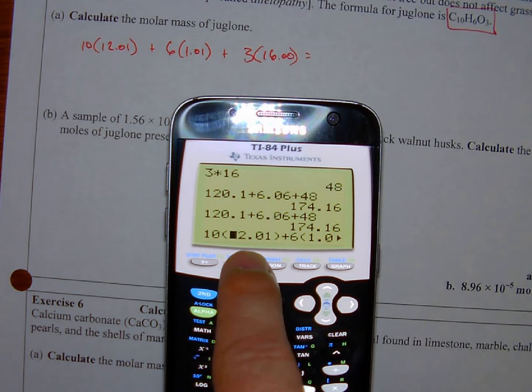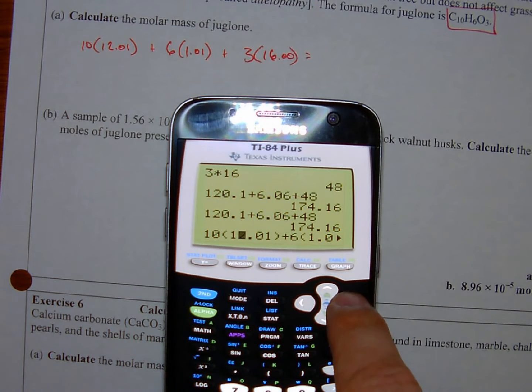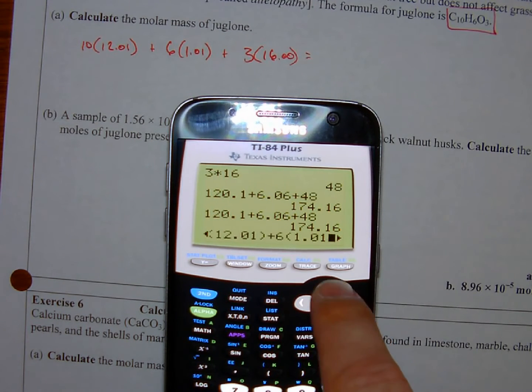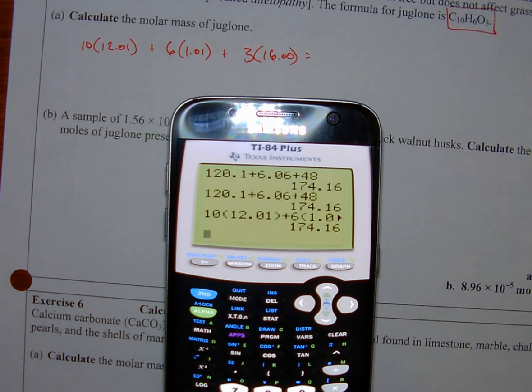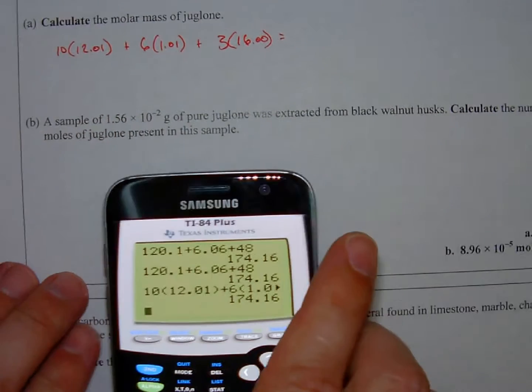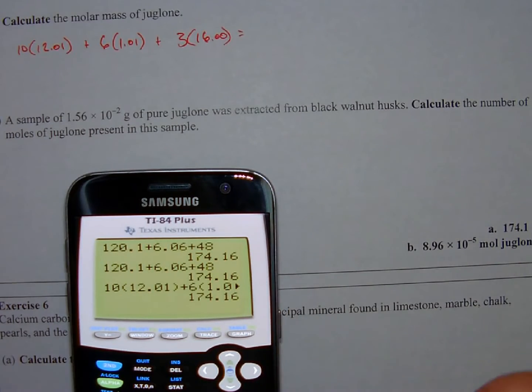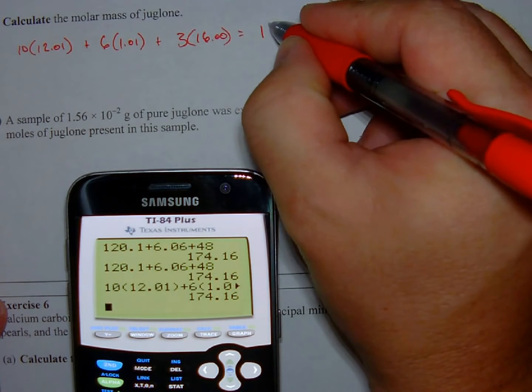I have the molar mass of carbon in parentheses multiplied by 10, molar mass of hydrogen in parentheses multiplied by 6, and then the molar mass of oxygen in parentheses multiplied by 3, and each of them are added together. Notice how I get the same answer. So these are all 3 legitimate strategies for using your calculator.